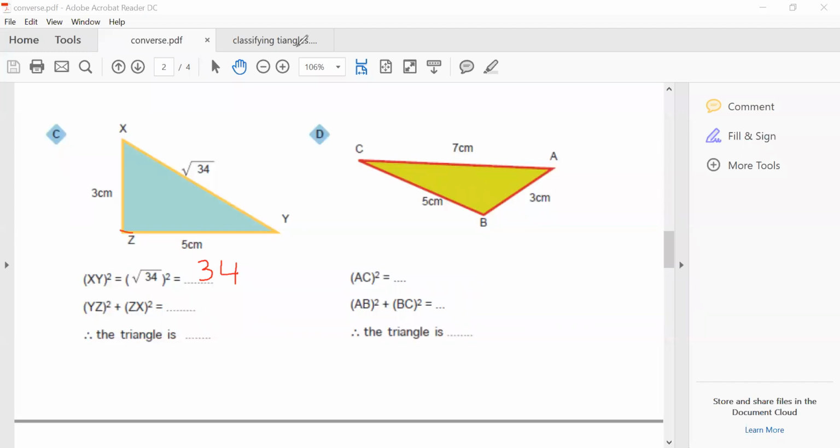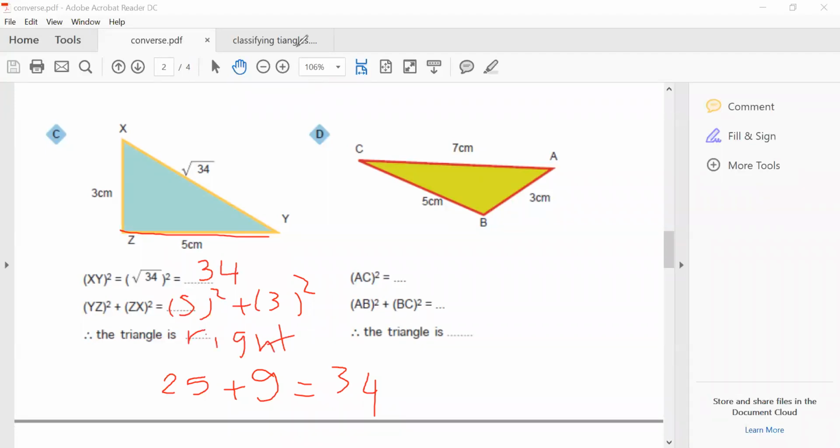Hannah, YZ square equals what? 5 square plus 3 square. 5 square is 25, 3 square equals 9. 34. So is the triangle right or not? Right. Okay, thank you, Hannah.